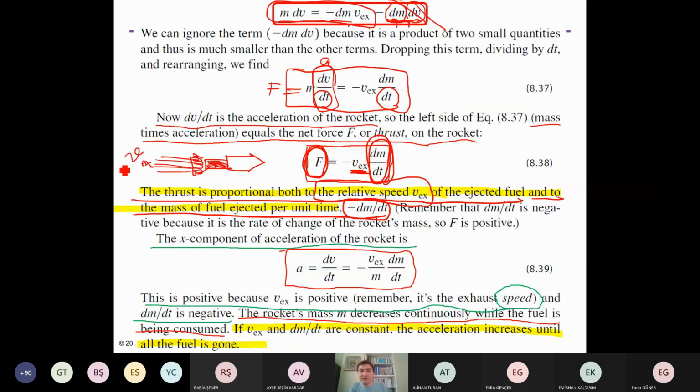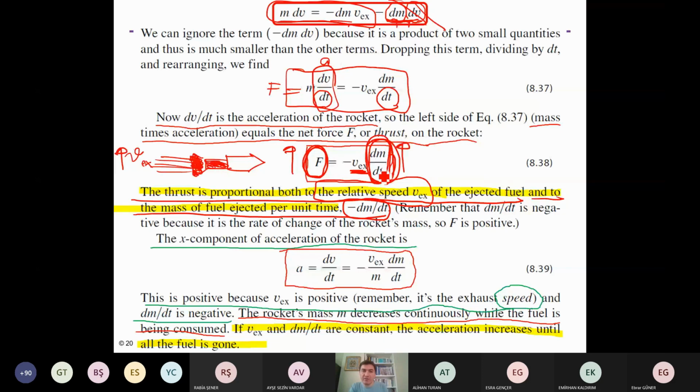And what about this dm over dt, the change in the mass of the rocket? So this mass of the fuel is ejected by using this motor here, this engine here. So this motor is very strong, very effective to provide this huge dm over dt.